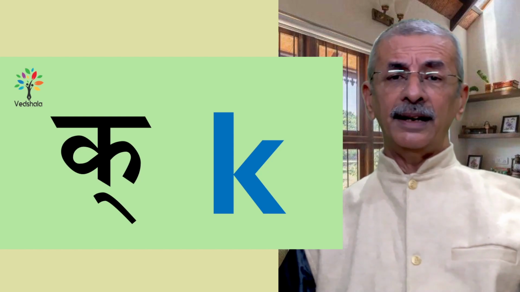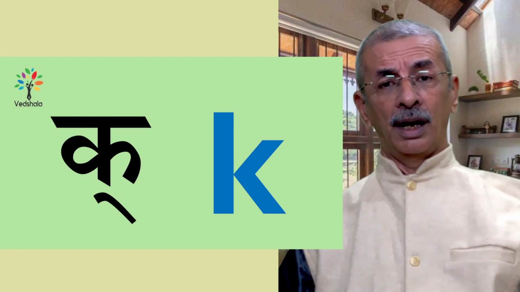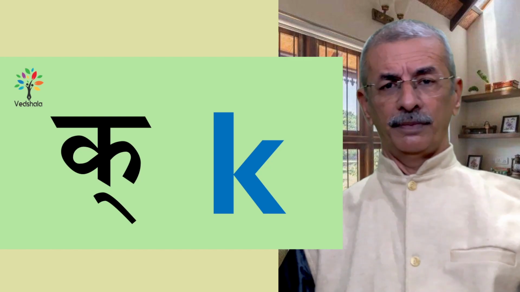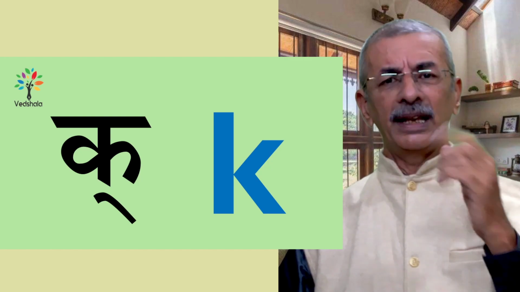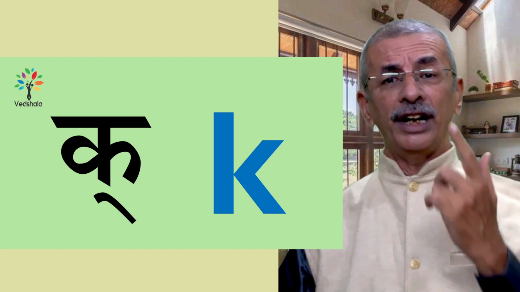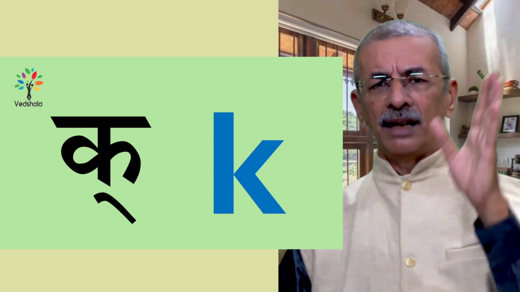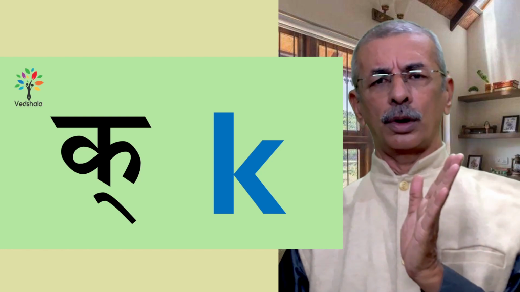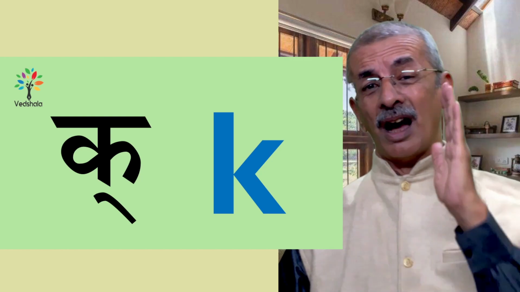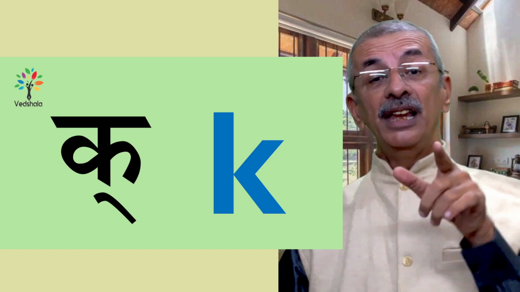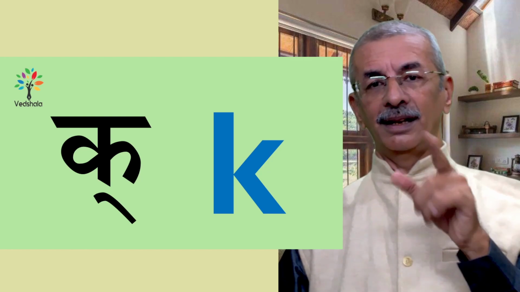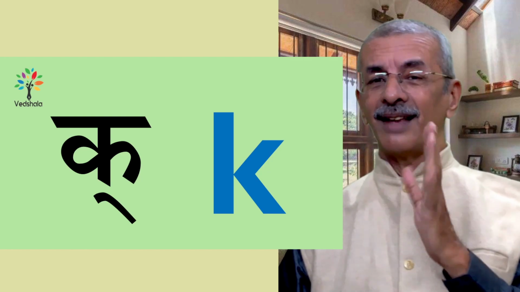Now, understanding this, K is pronounced K. The phonetics of K will become K. As K has an understroke, it means K is half. So accordingly, the pronunciation of K is half.